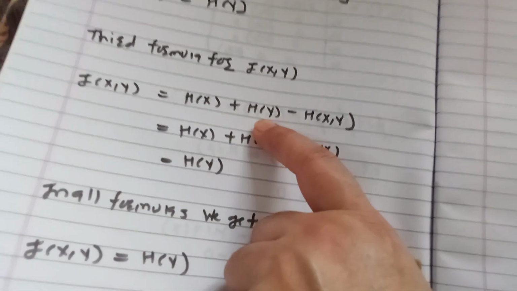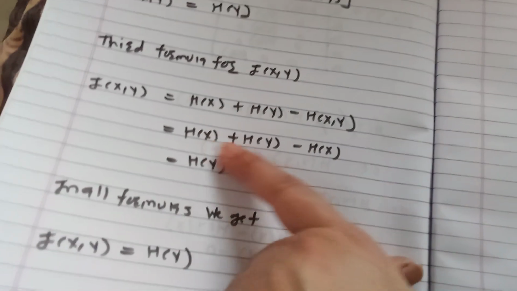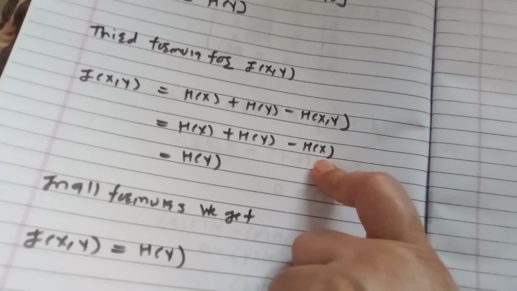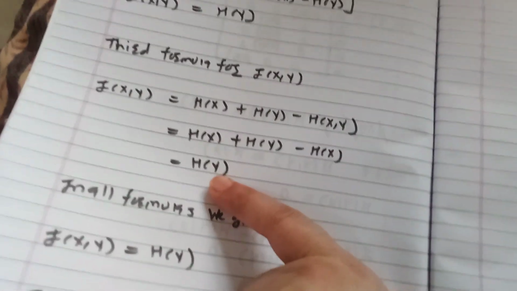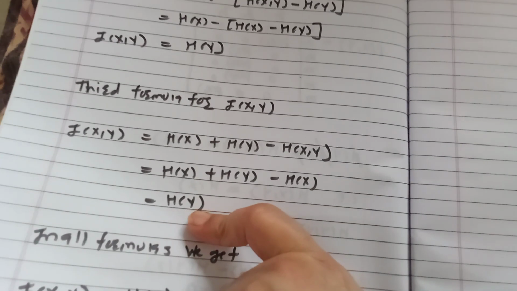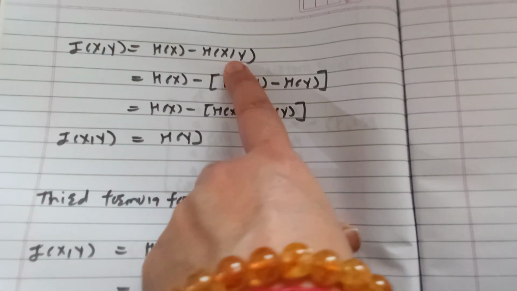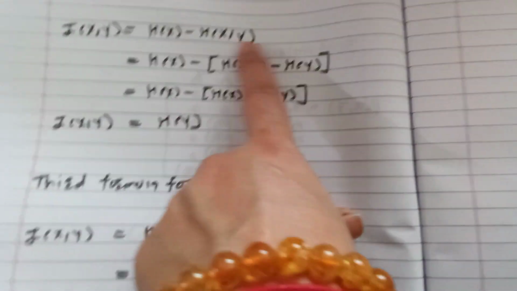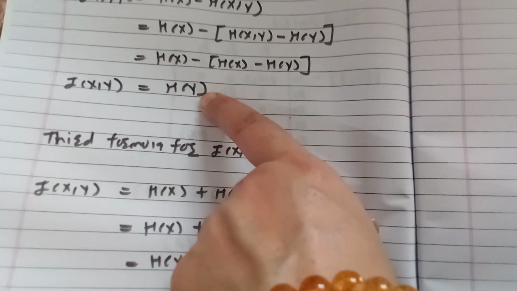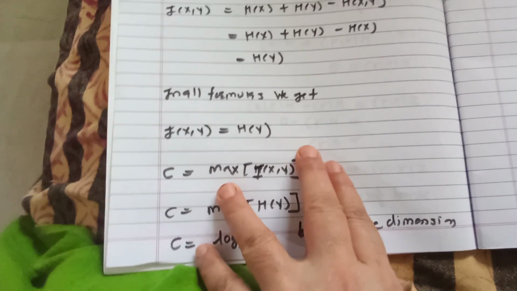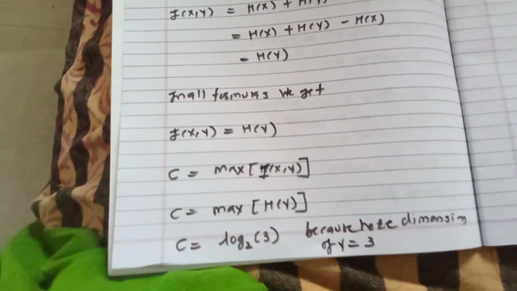The third formula is I(X;Y) equal to H(X) plus H(Y) minus H(X,Y). So H(X) plus H(Y) minus H(X) gives again H(Y). So in all the three formulas we are getting I(X;Y) equal to H(Y). We have not computed the remaining one because it will become a lengthy process, but we have shown that in every case you are getting I(X;Y) equal to H(Y). So this is the mutual information, I(X;Y) is equal to H(Y).